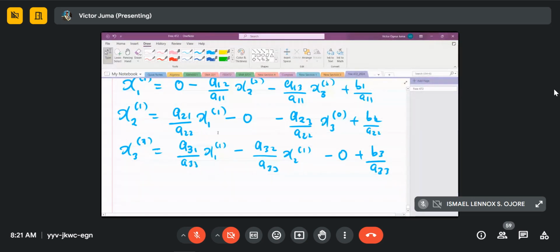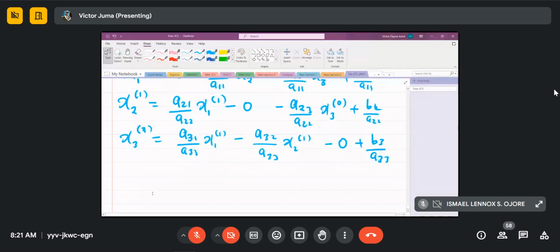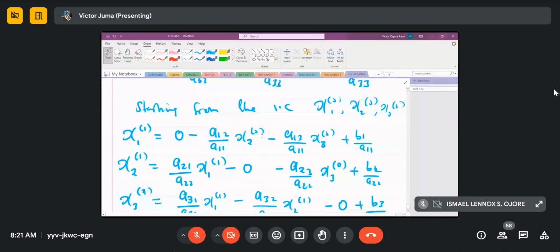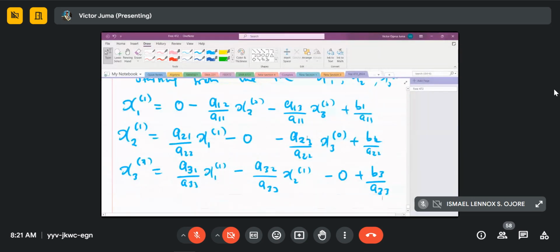And so what do you notice? It means if I go to the kth iteration, then I'll have, what do you notice? Let me try to do this and highlight. So if I draw this matrix, which type of a matrix do I have on this other side?